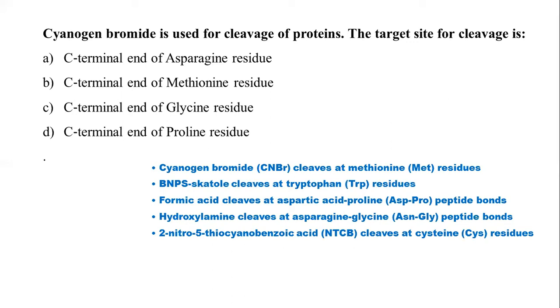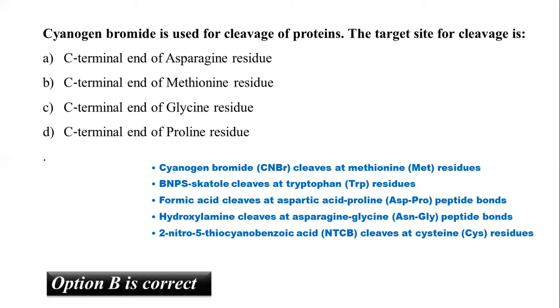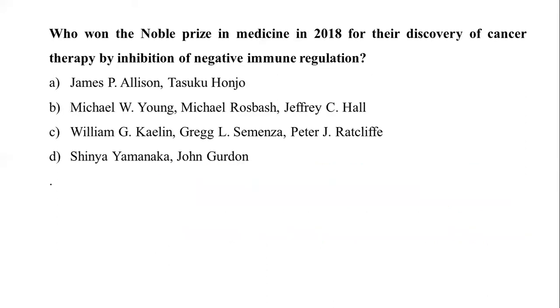Then there are several others, for example, formic acid cleaves at the aspartic acid and proline peptide bond. Hydroxylamine cleaves at the Asn-Gly peptide bond. So the right option for this question would be option B, C-terminal end of the methionine residue.